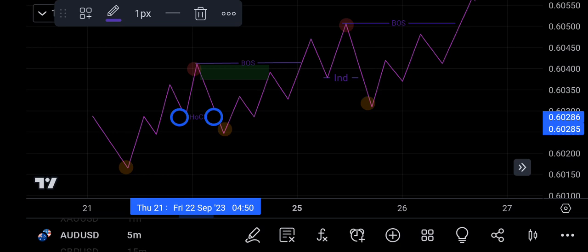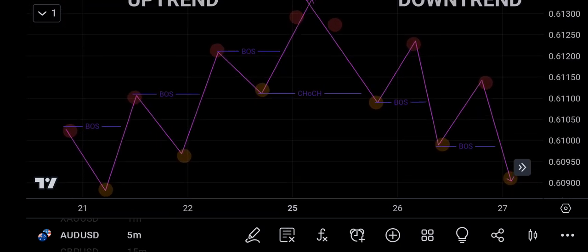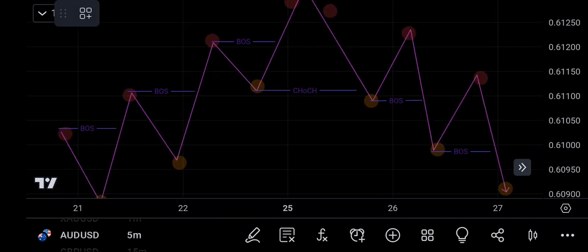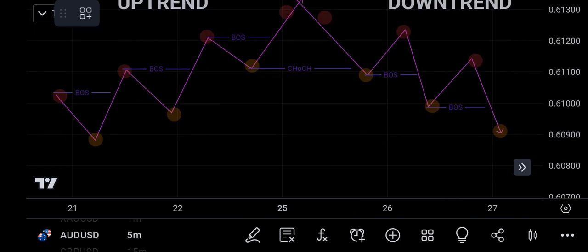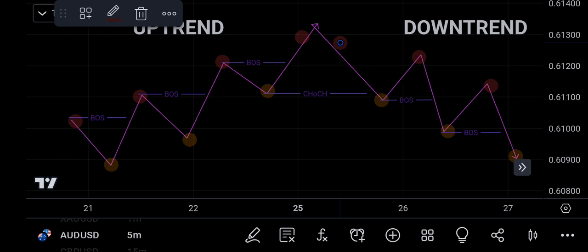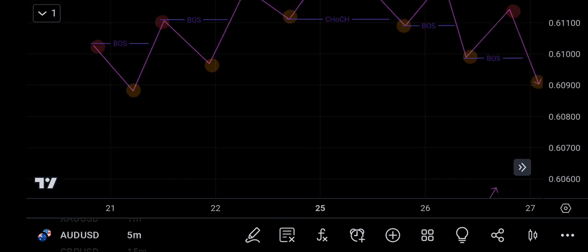Change of character is, as I explained here, when the market changes trend and you only look at the swing highs and the swing lows. You don't consider internal structure. Now I've shown you how to find swing highs and swing lows, so that should not be a problem.